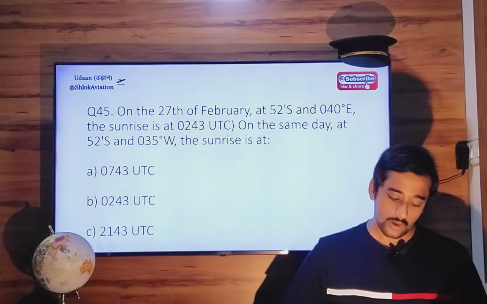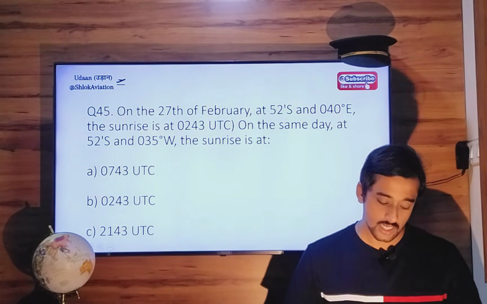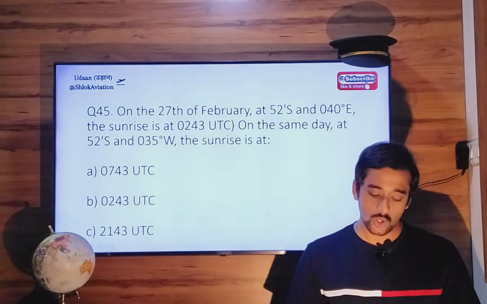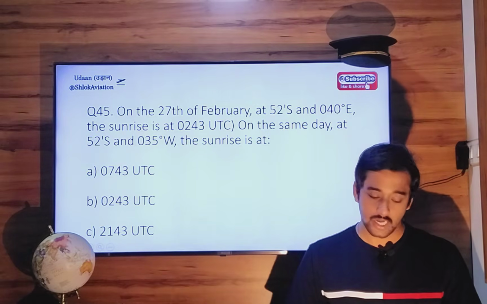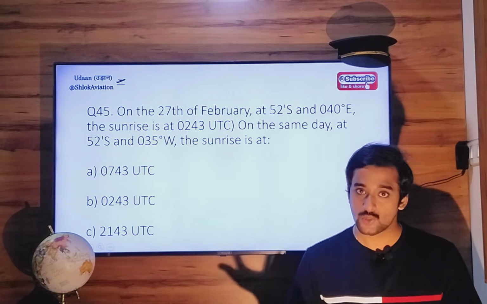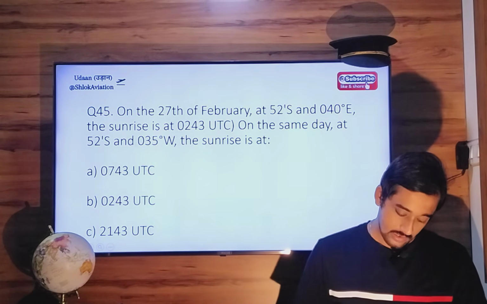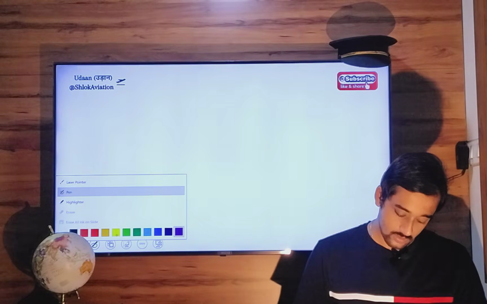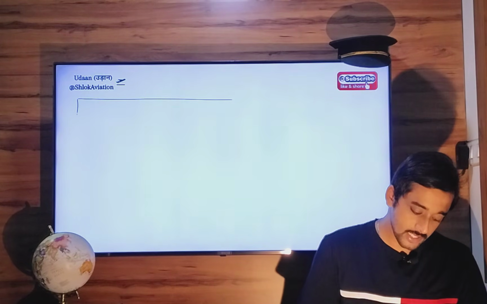45. On 27th February at 52 degrees south, 40 degree east, the sunrise is at 0243 UTC. On the same day, at same latitude, but 35 degree west longitude, the sunrise will be at what time? Okay. So this is the representation of the earth.